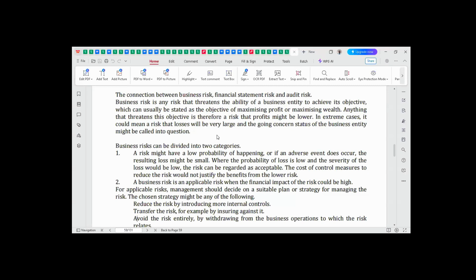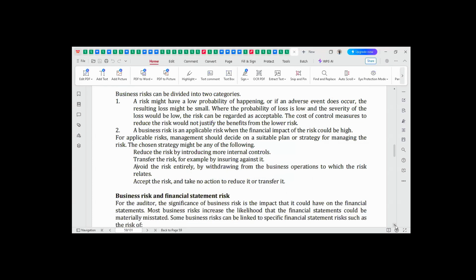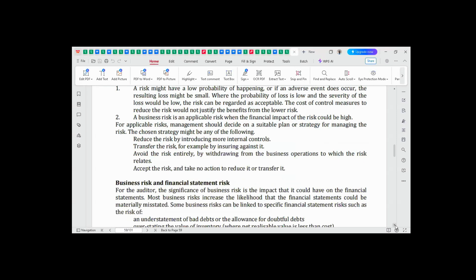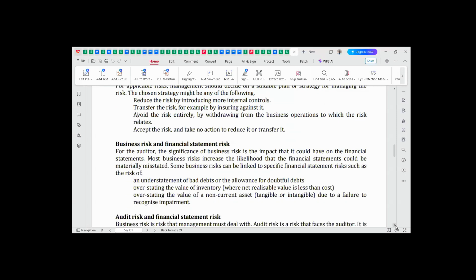Then as auditors also, we must be highly technically sound in our chosen line of endeavor as external auditors, so that the risk of giving an inappropriate audit opinion will be reduced.